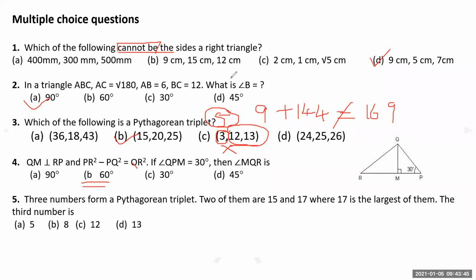Yes, sir. If we solve PR square minus PQ square equals QR square, we will get PR square equals PQ square plus QR square. That is the Pythagoras theorem.